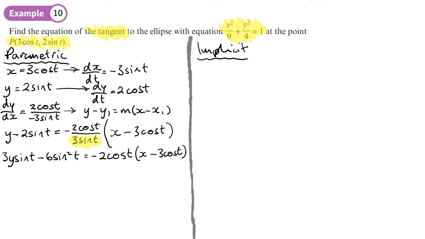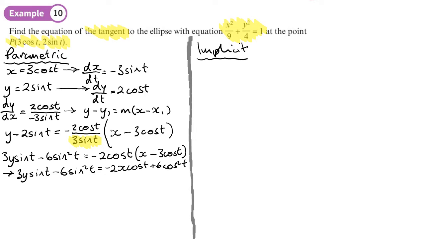We'll expand the brackets, so we'll have 3y sine t. Now I'm going to move the sine squared t across. Oh no, I'll do that afterwards. You'll see why in a minute. Equals minus 2x cos t, and then plus 6 cos squared t.